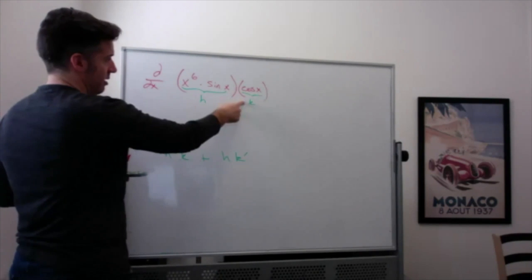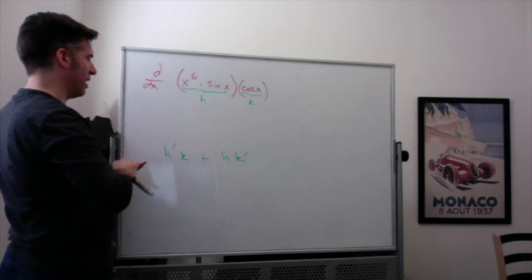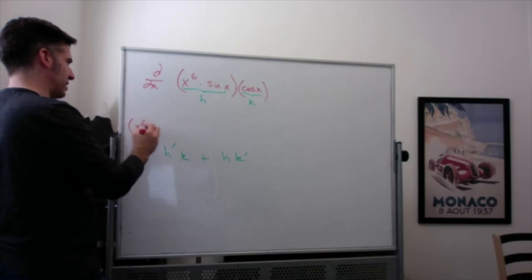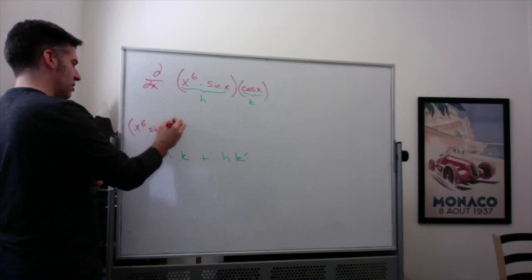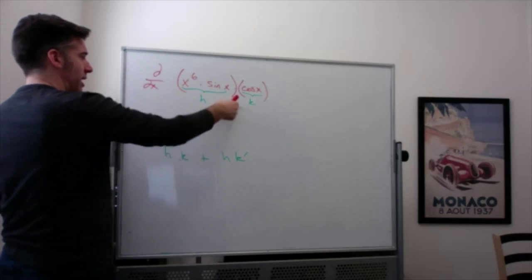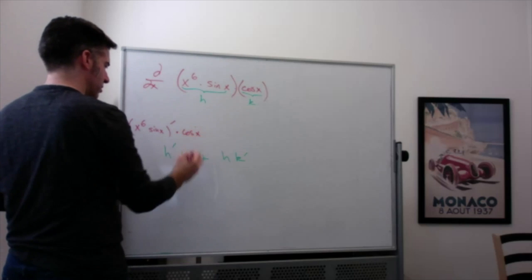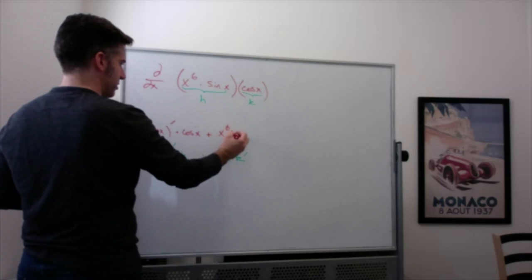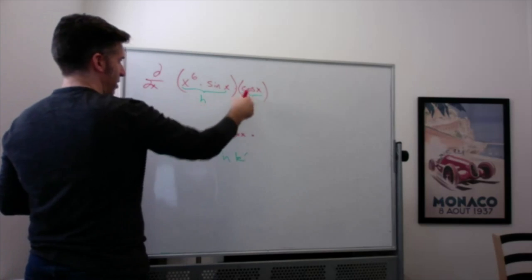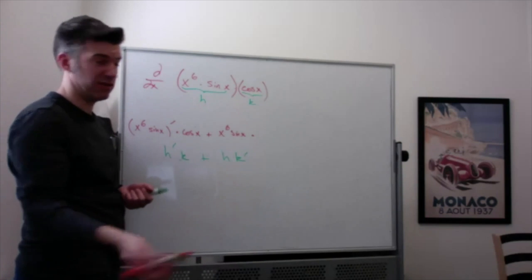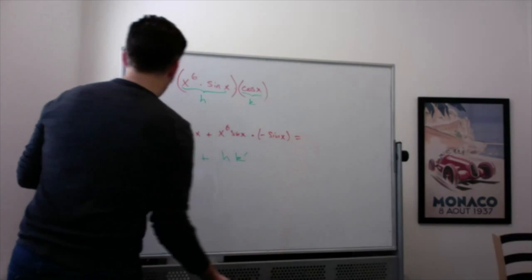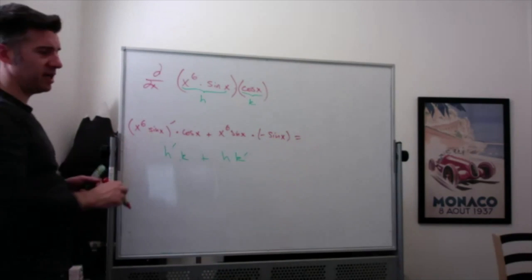Derivative of this times that plus this times the derivative of that. But H prime, I'm going to have to leave as is for a moment. So I'm going to say H prime is just x to the sixth times sine of x, prime. K is just cosine of x. And then H is just x to the sixth sine of x. And K prime is the derivative of cosine, which is negative sine.